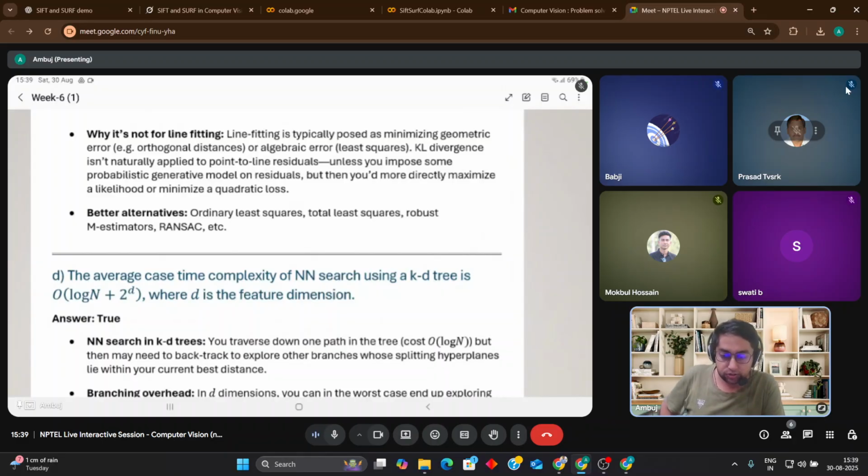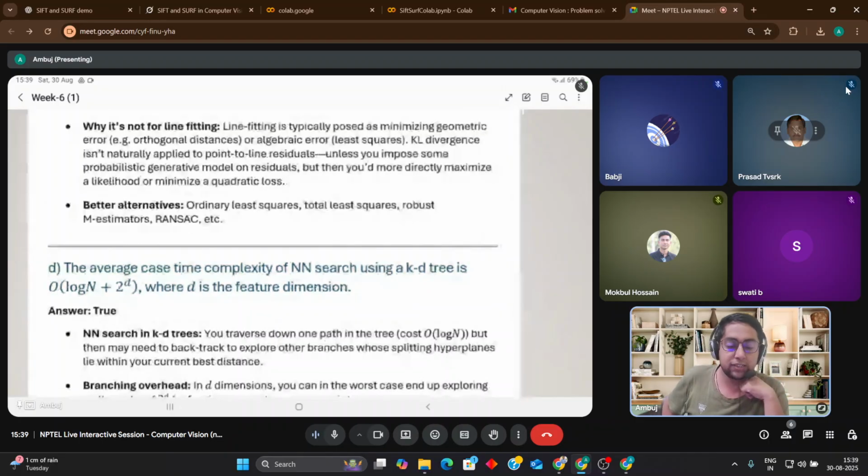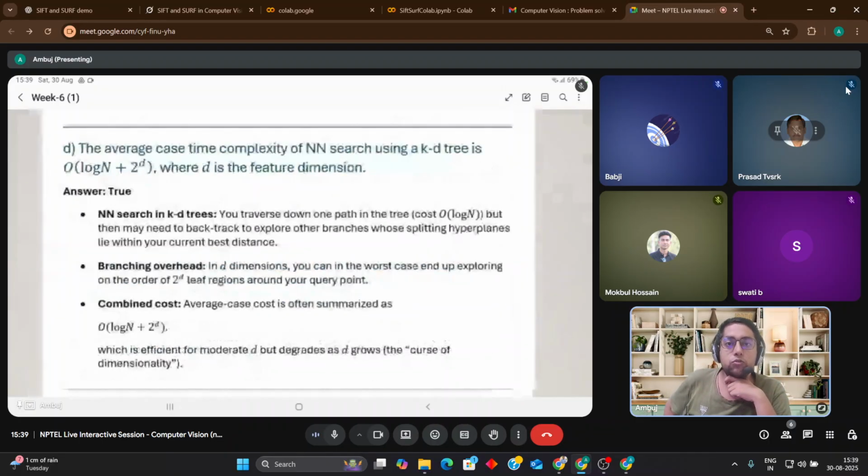Then part D: the average case time complexity of NN search using a KD tree is O(log n + 2^D), where D is the feature dimension. In NN search in KD trees, you traverse one path down the tree, which costs O(log n), but you may also need to backtrack to explore other branches.